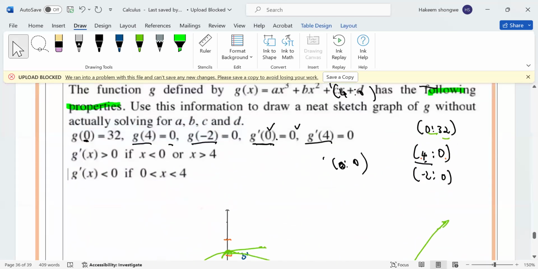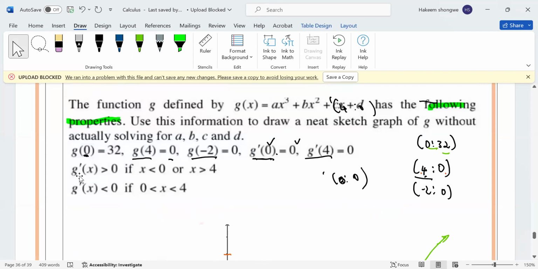They said when g prime of x is greater than 0, x is going to be an element between x less than 0 and x greater than. So when the gradient is positive, when our graph is increasing, it's going to increase when x is less than 0.